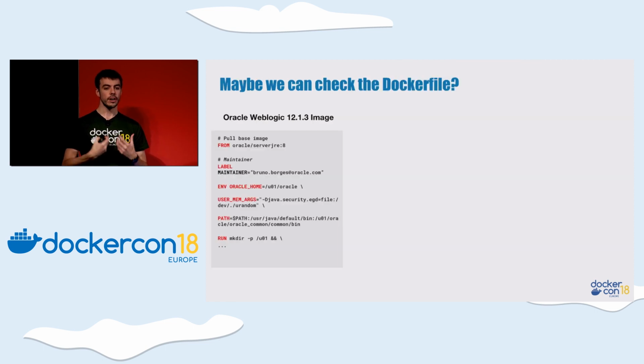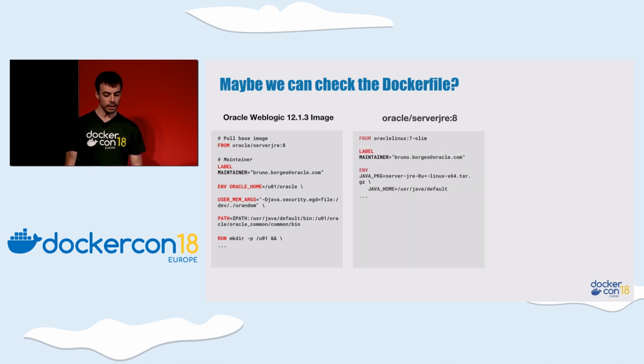Now, I want to have a look at the Docker files, because that's often a good way for people to say, well, let's check in there. That should be the source of truth. Here, I've just gone onto the Docker Store or Docker Hub, and I've downloaded the Oracle WebLogic image. Nothing particular about it. There's nothing special there. And if you have a look here, we can't see anything really from the WebLogic layer what's inside.